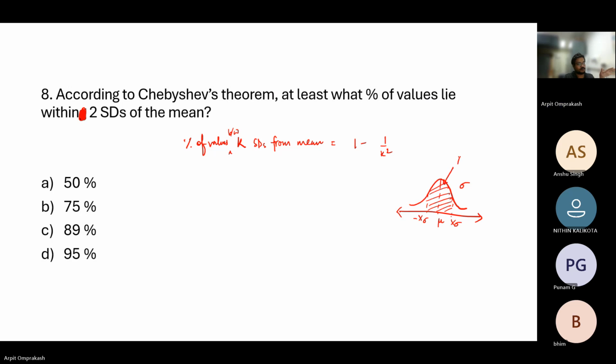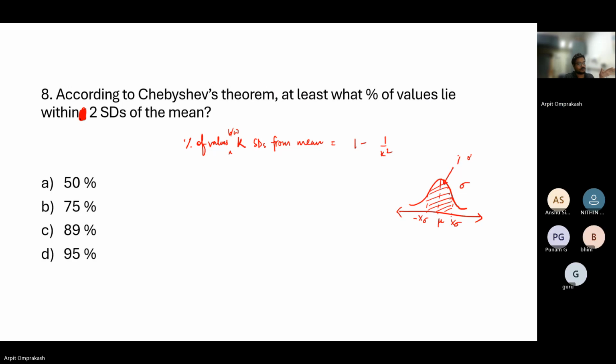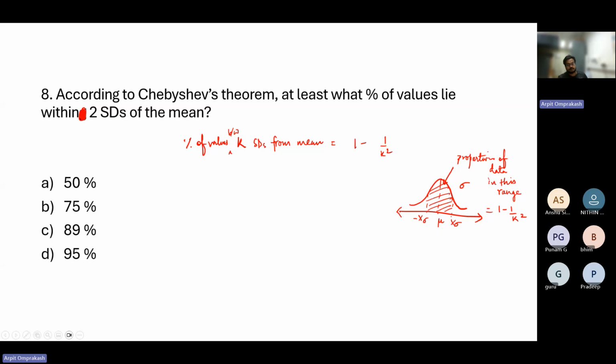The proportion of data in this range is given by 1 minus 1 by k square. This is basically Chebyshev's theorem.